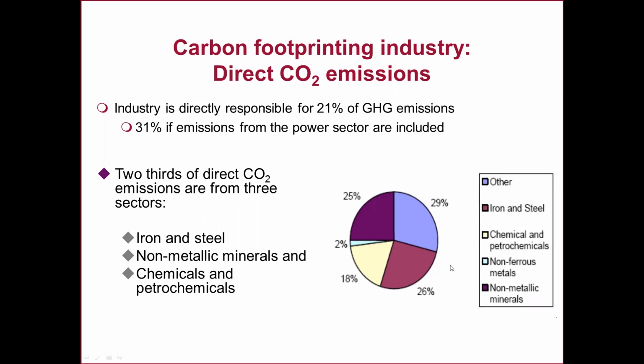This pie chart shows that the three main contributing industrial sectors are iron and steel, or ferrous metallics, followed by non-metallic minerals, which include cement plants, and then chemical and petrochemical. All these three industrial sectors account for 2/3 of the direct emissions within the industrial sector.